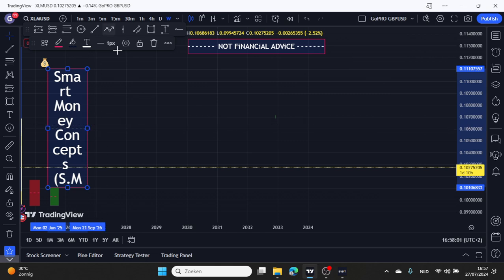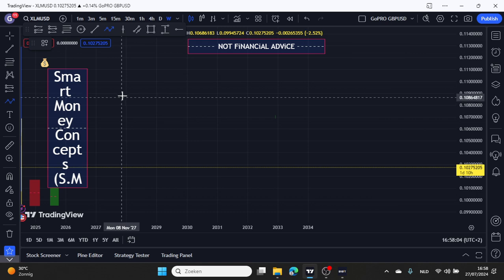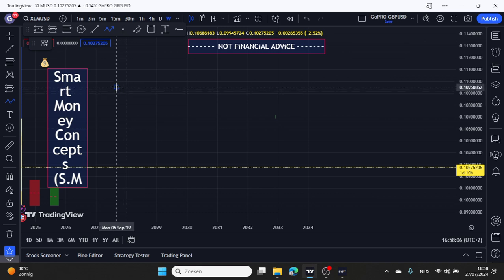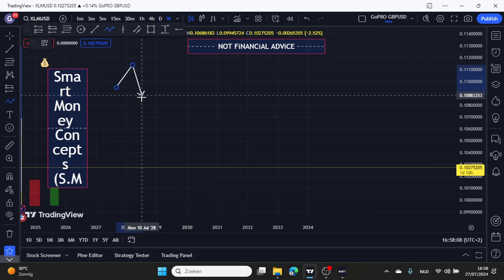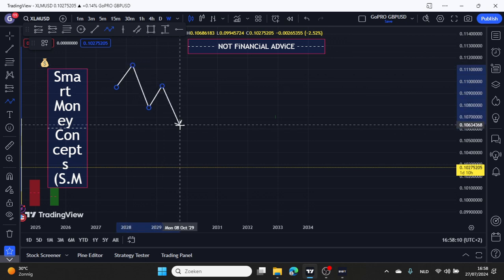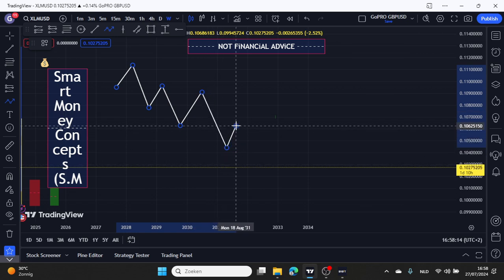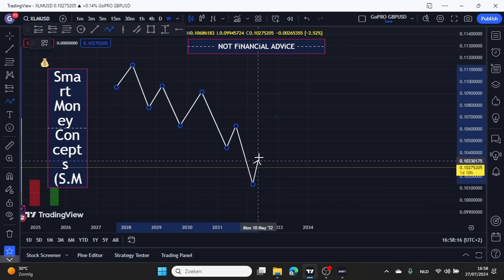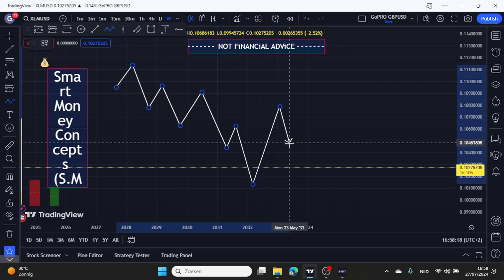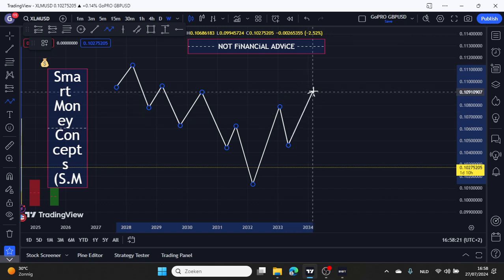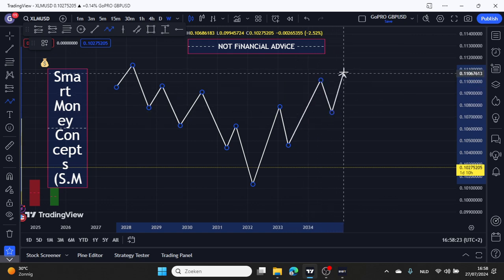Now, first of all, we have to make a market, the order flow again. Let's get into the same as we had before, just to show you that the market always will do something similar.